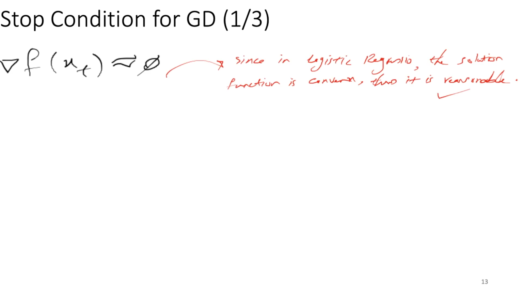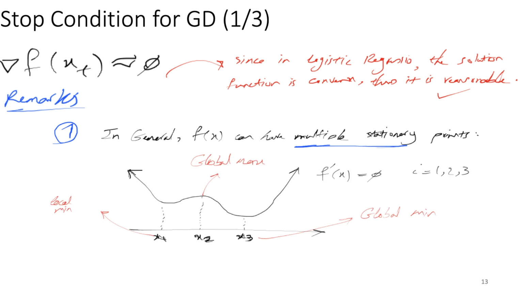Now, let's see 3 different situations that might hinder our stop condition. So 1, in some cases, which fortunately in the case of logistic regression we don't face, but in other polynomial functions you can see it quite enough and also quite often, you might have multiple stationary points, like you have 3 points here where your gradient was decreasing and increasing, decreasing and increasing again, right?